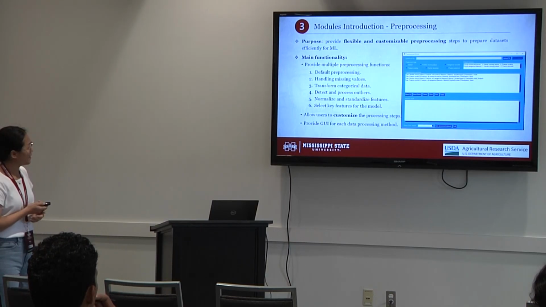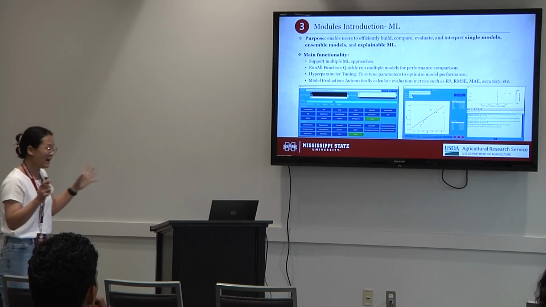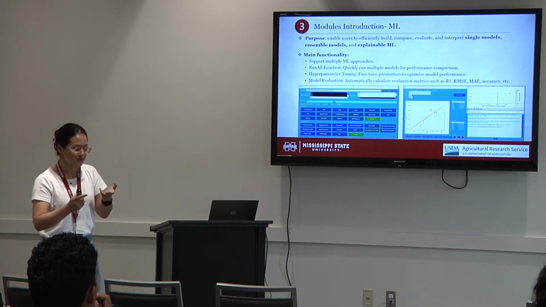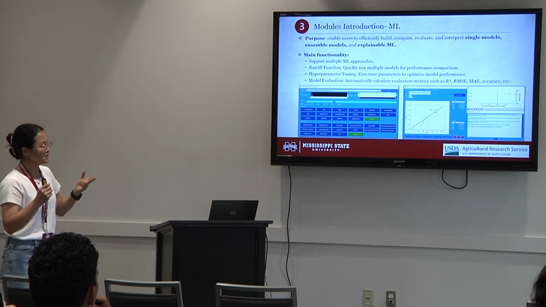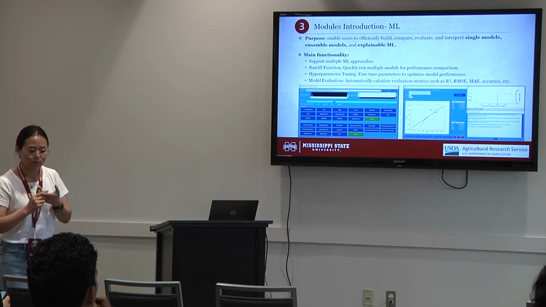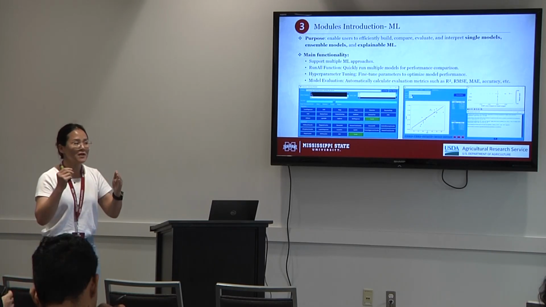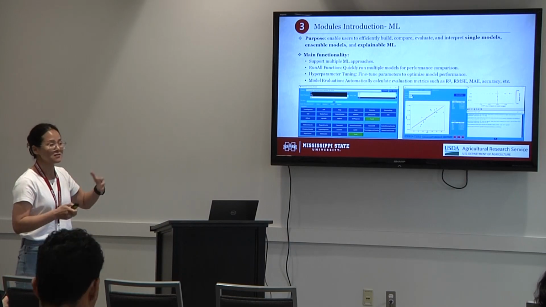After processing, we will go to the machine learning part. There are so many machine learning models. There's ensemble, and also explainable models, and they do have some overlap. The explainable machine learning model is to explain what happened when you train the model.